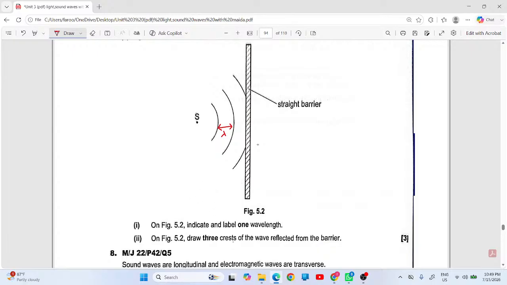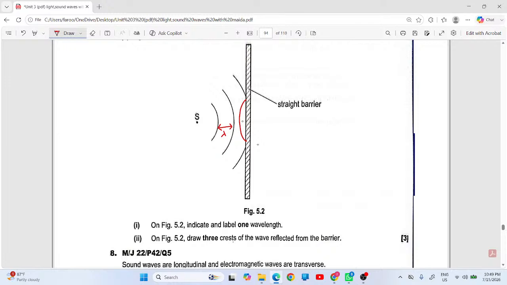Next, draw three crests of waves reflected from the barrier. अब आपने reflection show करना है, reflection में opposite direction में continue करना है.